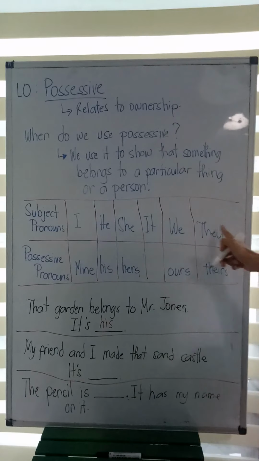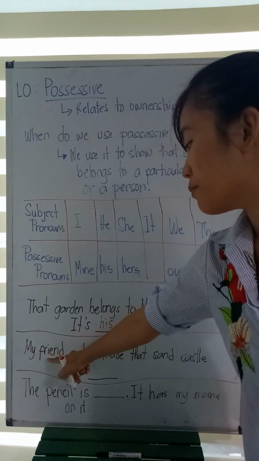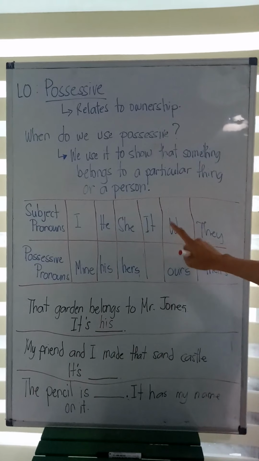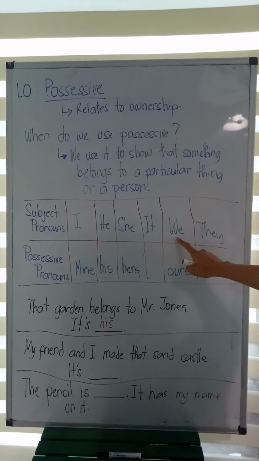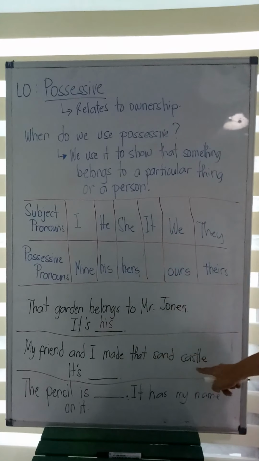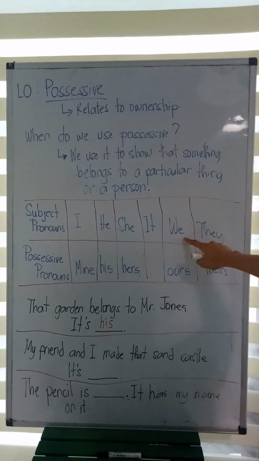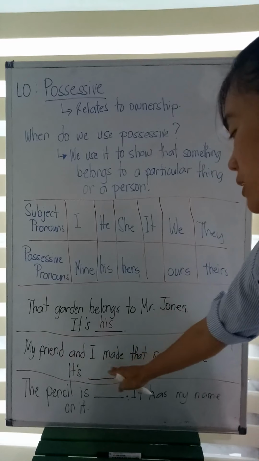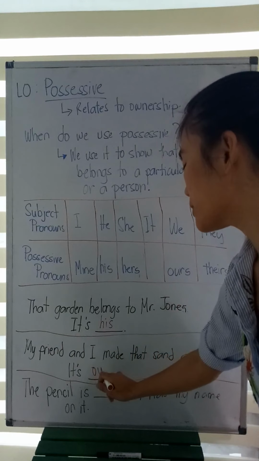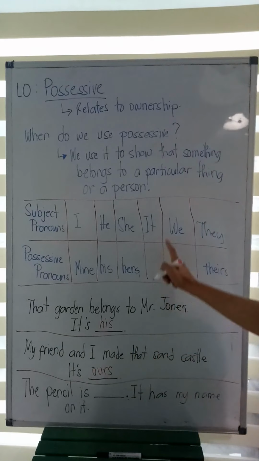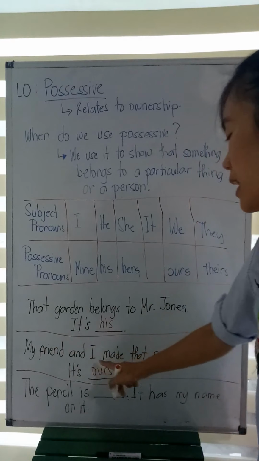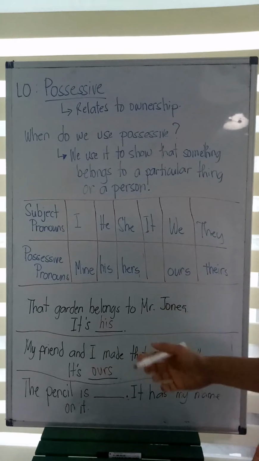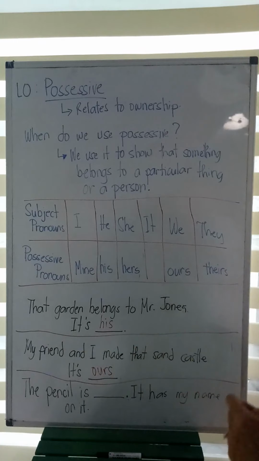It's going to be we. So the possessive pronoun equivalent is going to be ours. So the answer is ours. It's like my friend and I made that sand castle. It's ours. Or you can say the sand castle is ours.